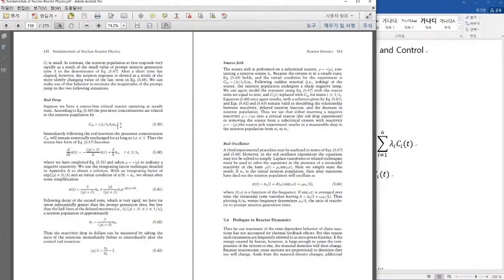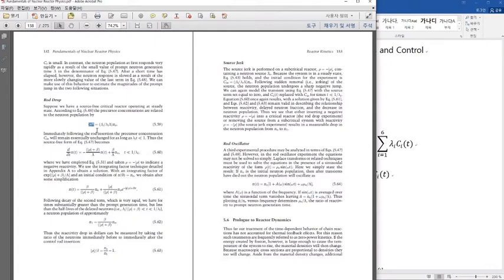Even if we provide some positive or negative reactivity, this precursor concentration will not significantly change for a very short time period, like 0.1 second.